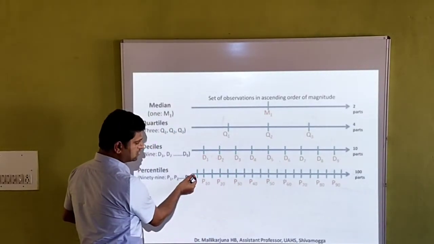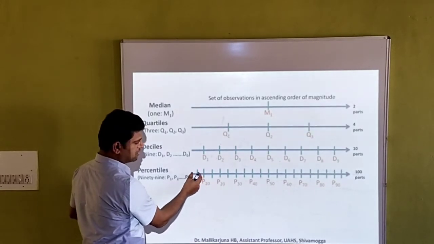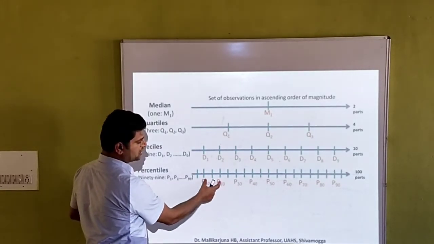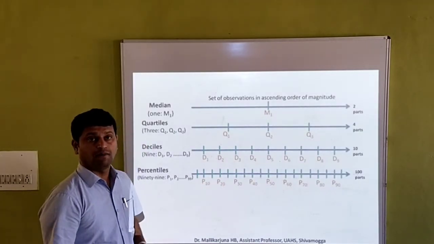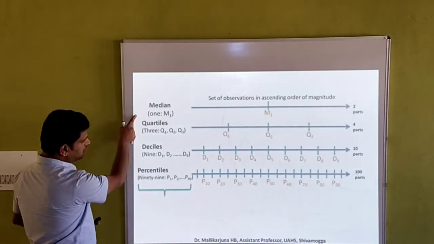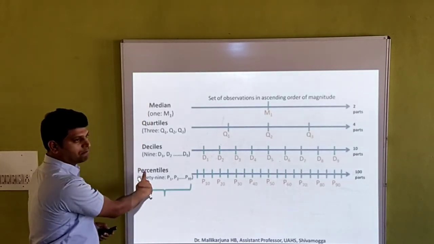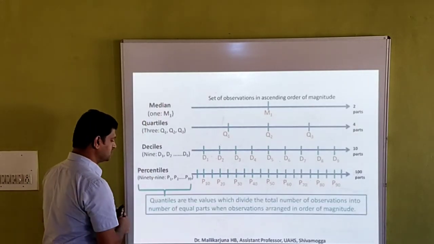Here P1 is only 1%, but from P10 to P20 we get 10%. So generally these medians, quartiles, deciles and percentiles are called quantiles.